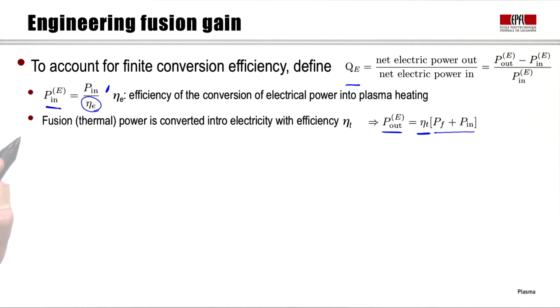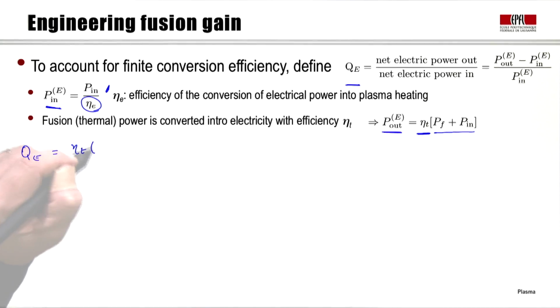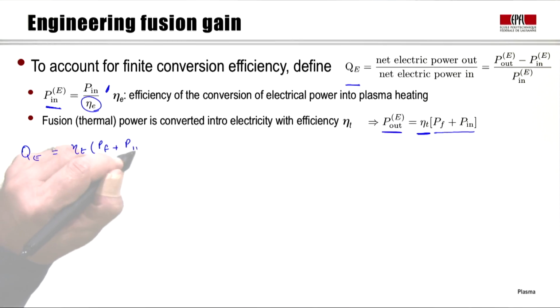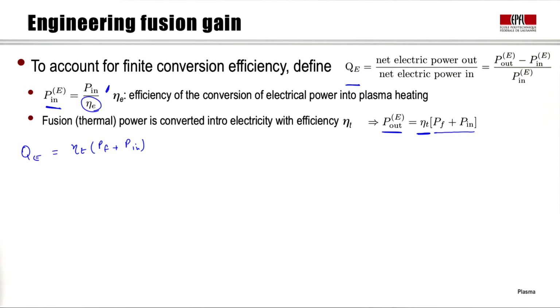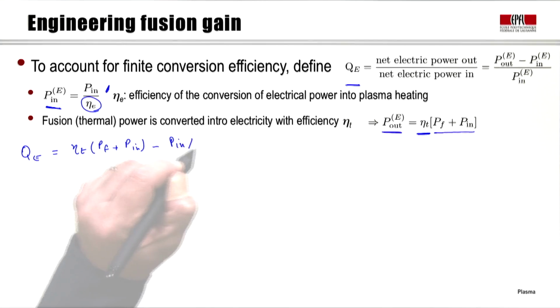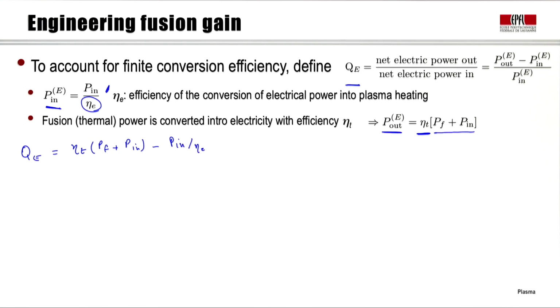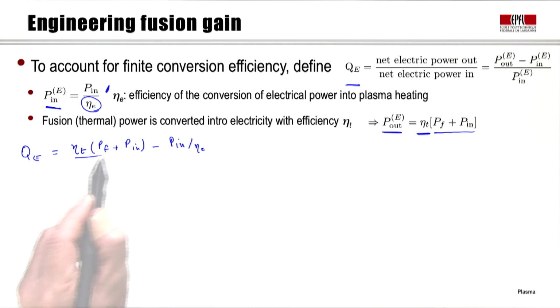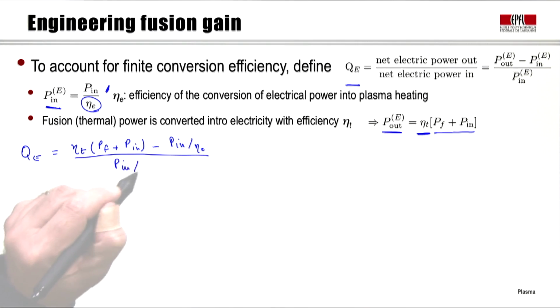So let's elaborate on this engineering Q. QE is equal to eta T times PF plus P in, minus P in divided by eta E. These two terms are respectively the output power in engineering terms and the input power in engineering terms, divided by the input power in engineering terms.